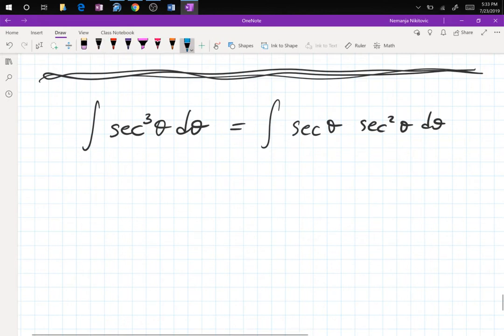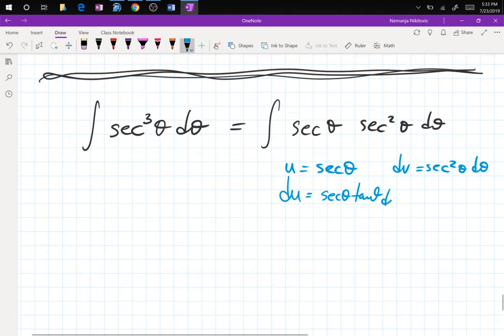So, integration by parts. We can integrate secant squared, and we are happy about that. So we're going to keep that for a dv. So u is secant theta, and dv is secant squared theta d theta. So hopefully this works. And I said hopefully. du is the derivative of secant, which is secant theta tangent theta d theta, and the integral of secant squared is tangent theta.